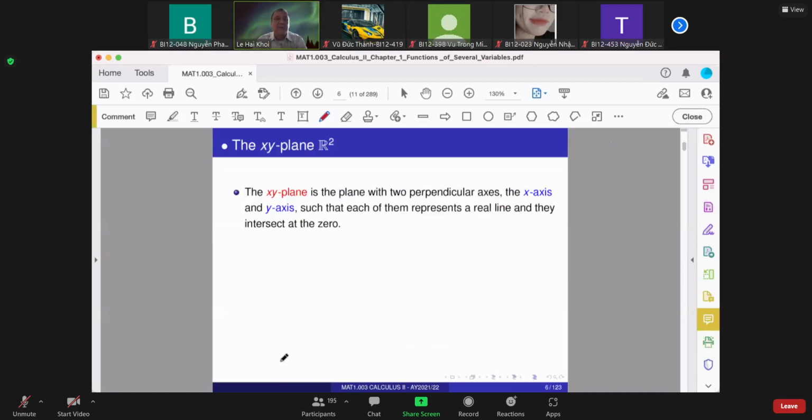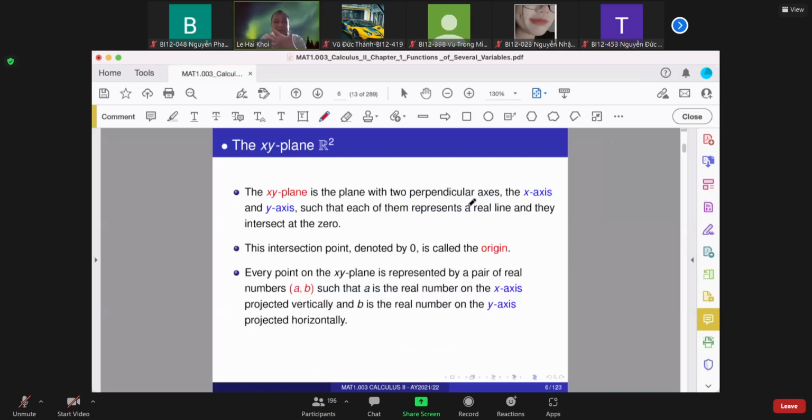Okay? So first, talking about R2, which means the xy plane, you understand that you have two perpendicular axes called x-axis and y-axis, and they intersect at 0. 0 is called the origin of the xy plane, right?